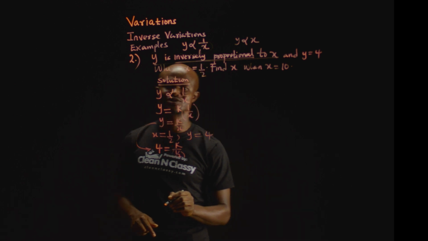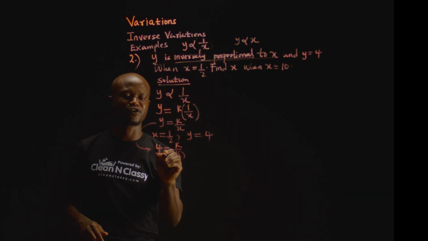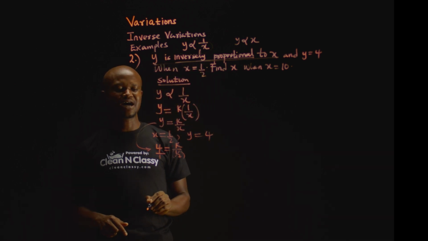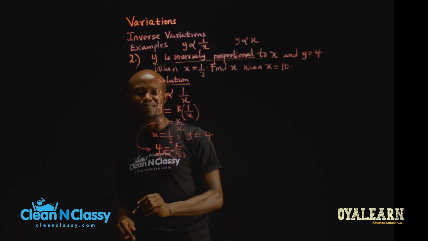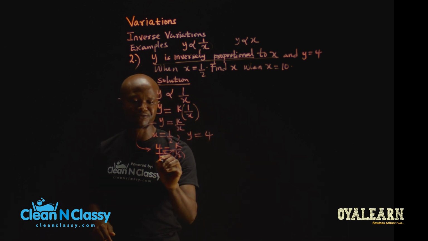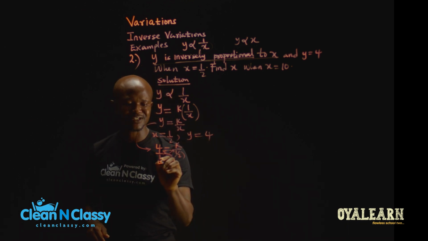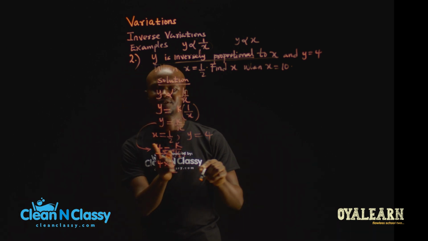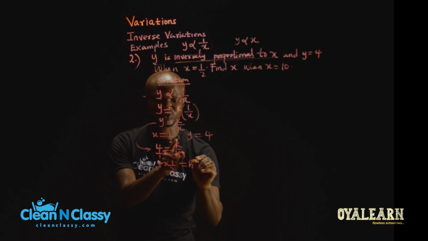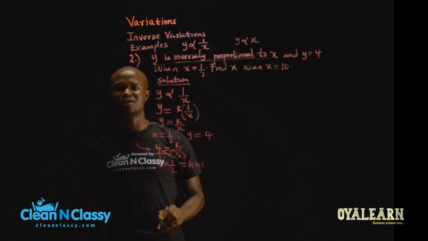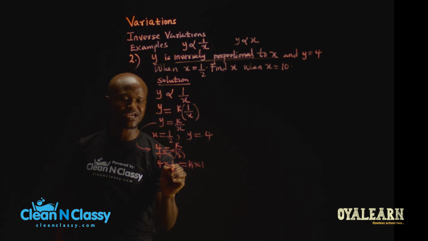Now, what is the next thing to do? This is like 4 over 1. From here, we can cross multiply. If we cross multiply, we have 4 times 1 divided by 2 equals k times 1.